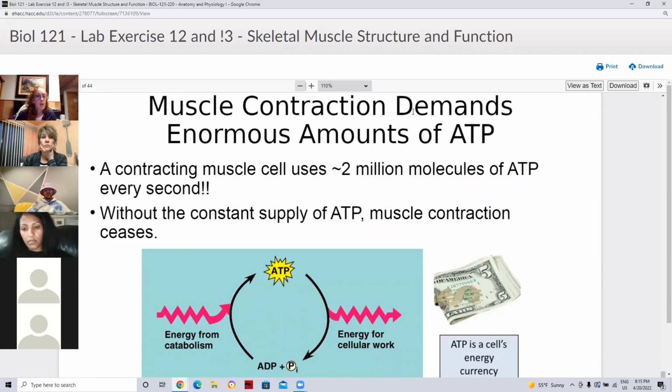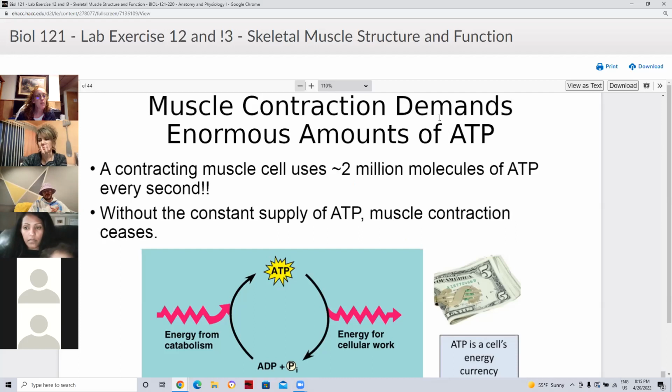So muscle contraction demands incredible amounts of ATP. Remember, each myosin head requires 1 ATP per swivel of the head. So a contracting muscle cell can use up to 2 million molecules of ATP every second. And without the constant supply, muscle contraction ceases.